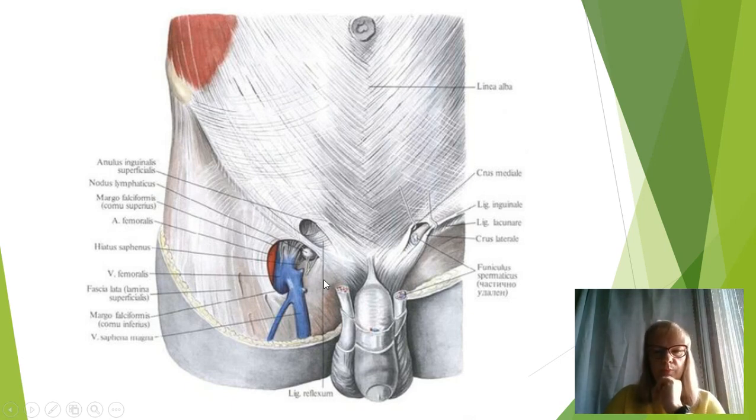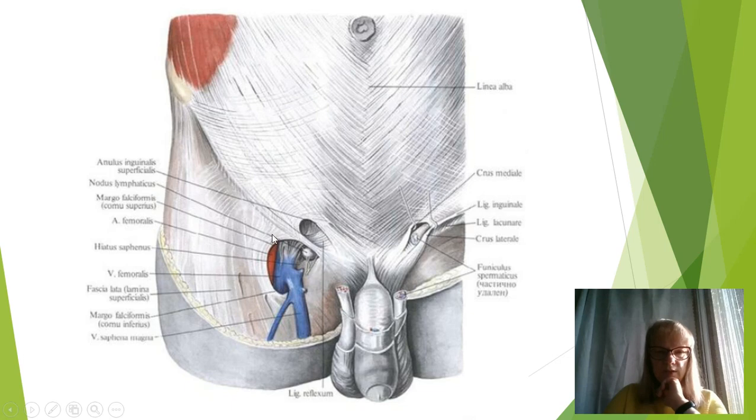Through this opening passes the vena saphena magna, the great saphenous vein, one of the superficial veins, the biggest vein of the superficial group. The vena saphena magna through the hiatus joins the deeper vein, the femoral vein, and carries blood toward the inferior vena cava through this vein.